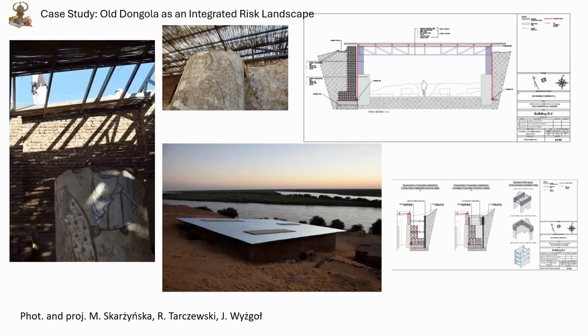So one part of this roof is made of metal sheets, but the second layer is natural, local products such as mud and palm ribs. And then we have a situation in which these walls can breathe and the temperature is lower inside.